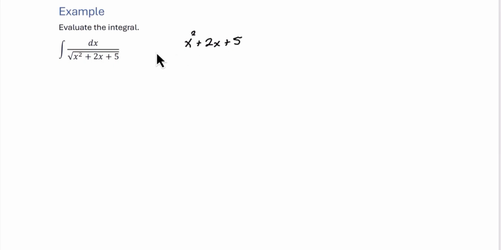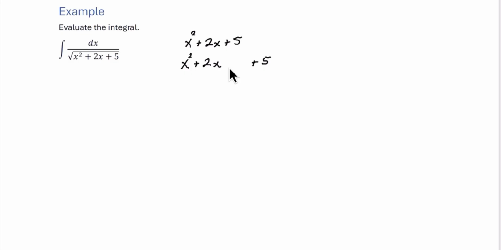So in algebra class back in the day, you started by moving the constant. Now in algebra we had an equation and we would subtract the 5 on both sides. We don't have an equation in this case, so let's just move that constant off to the side a little bit. And our goal is to put a number here so that we get a perfect square trinomial.